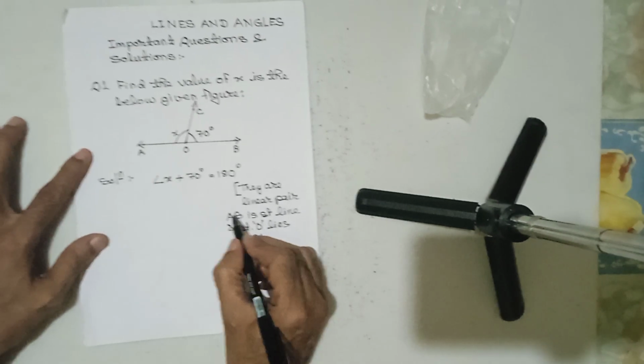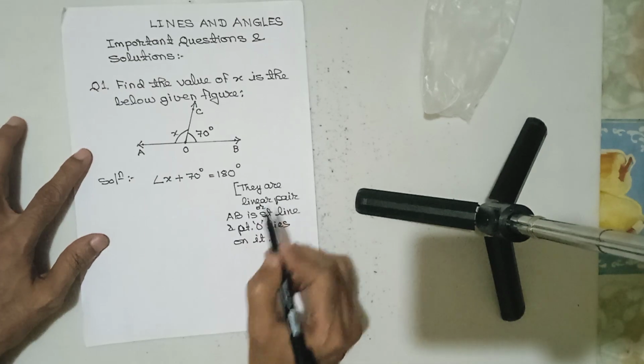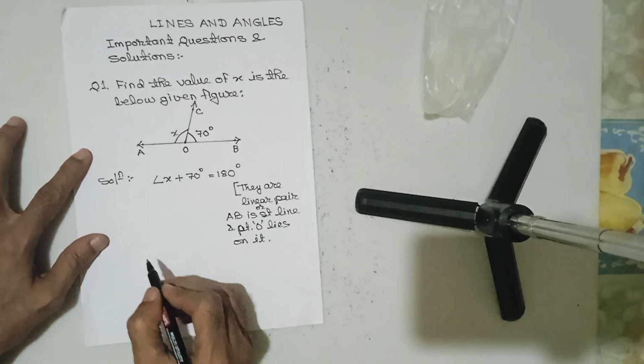So these are the two reasons I have given. Both are a linear pair, or AB is a straight line and point O lies on it.